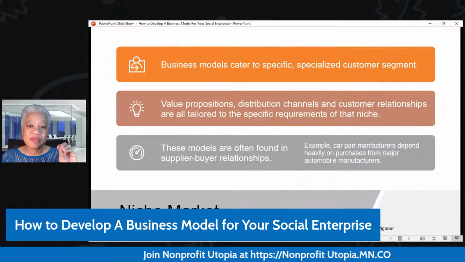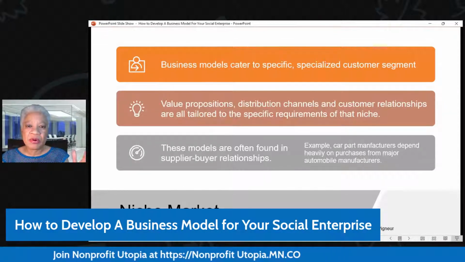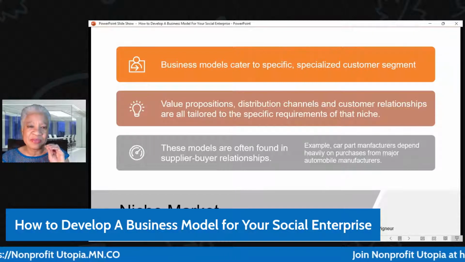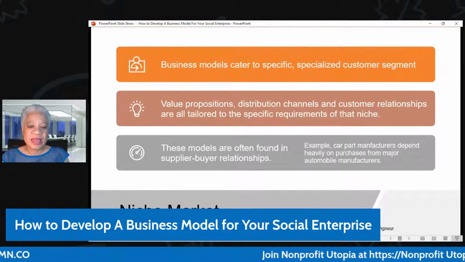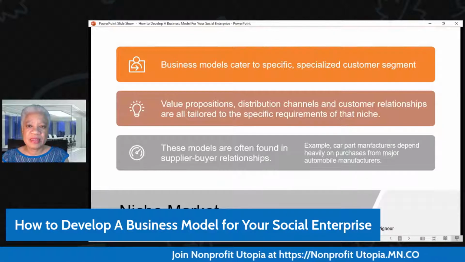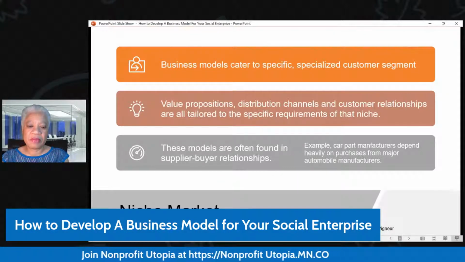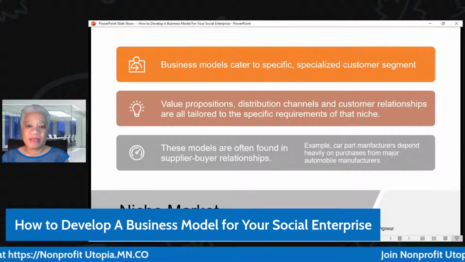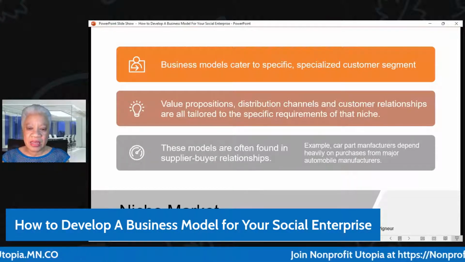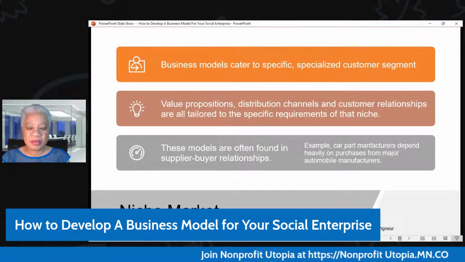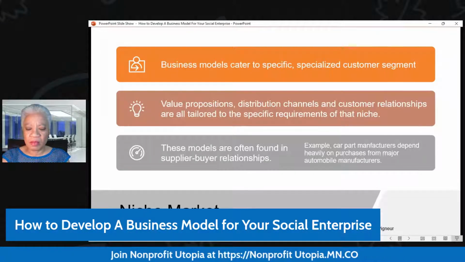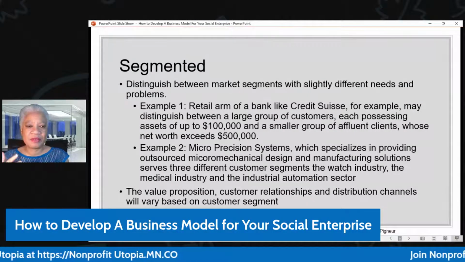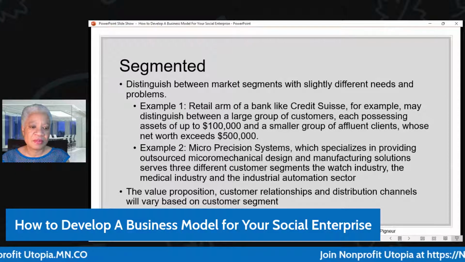Typically, we are servicing a very limited number of customers, or a type of customer that has very, very specific needs, right? And you might often find these models in supplier-buyer relationships. For example, a car parts manufacturer and a car company. Not similar people, but those are customers and suppliers.